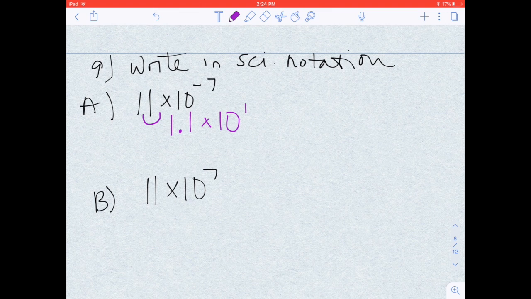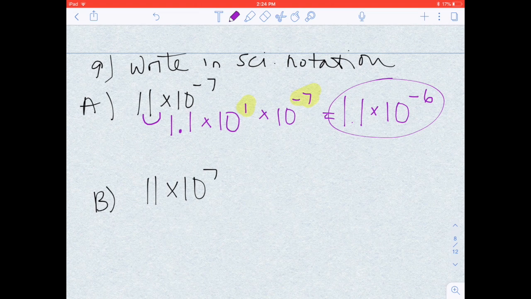Because isn't that 11? If I do 1.1 times 10 to the 1, I'm just multiplying it by 10. But I still have this 10 to the negative 7th. So I'm going to look at my exponents, and I'm multiplying, so I'm going to be adding my exponents. So I end up with 1.1 times base 10, and then 1 minus 7, which is negative 6. So I end up with 1.1 times 10 to the negative 6th.